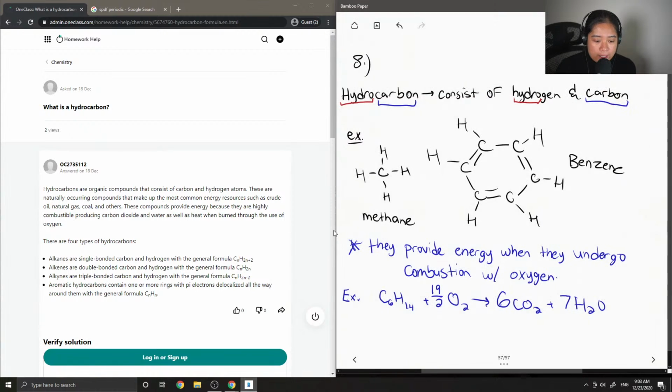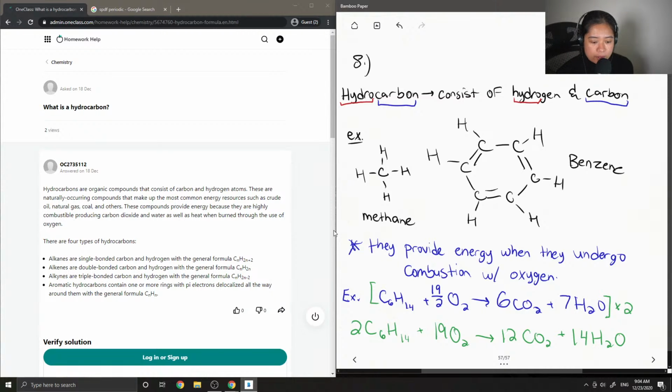But in order to get everything as a whole number, to get rid of that fraction, I'll multiply this whole reaction by 2. So this gives us 2 hexane plus 19 O2 makes 12 CO2 plus 14 H2O.